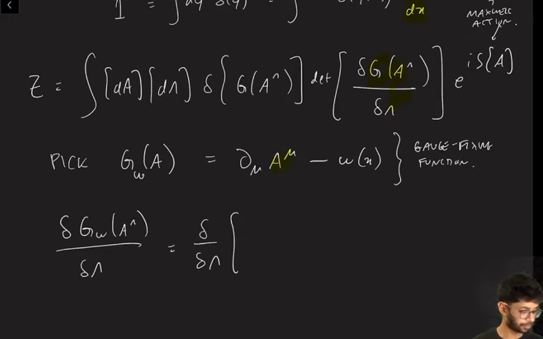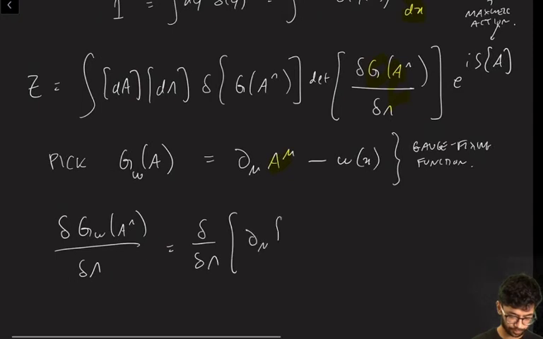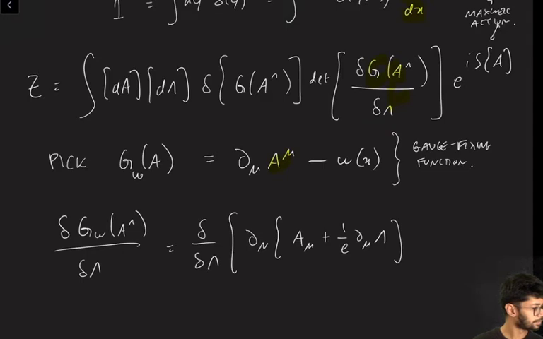A gauge transformed is, of course, A nu plus 1 over e d nu lambda. Excuse me, there's a minus sign wrong here, doesn't matter. And then we subtract off the omega here.